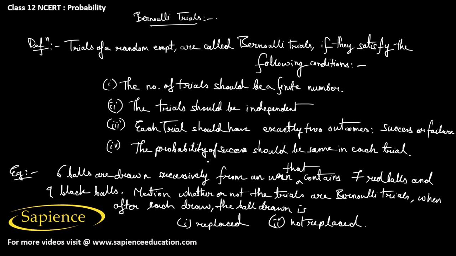Okay, so how to solve it? Let's say the probability of success is the probability of drawing the red ball. So that would be 7/16, since there are 7 red balls and 9 black balls.